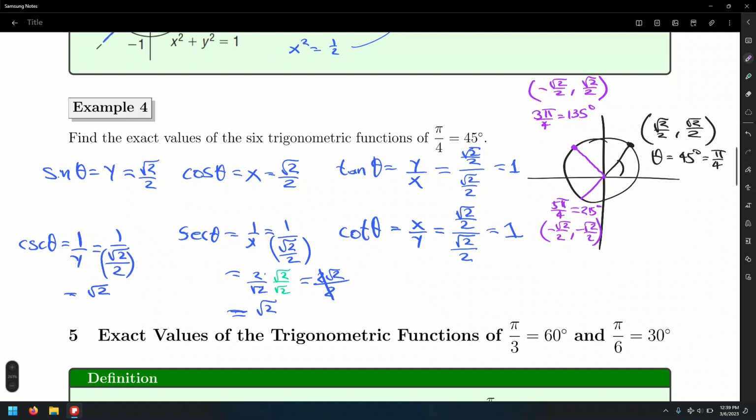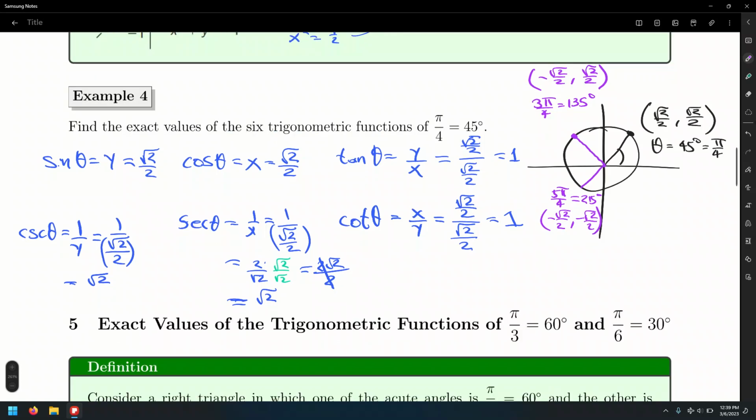The same 6 trigonometric functions work the same, finding the same ratios. Sine is y, cosine is x, and the reciprocals and the ratio ones. If they work the same, what might change in the end is just the sign of whatever value, depending on the function.